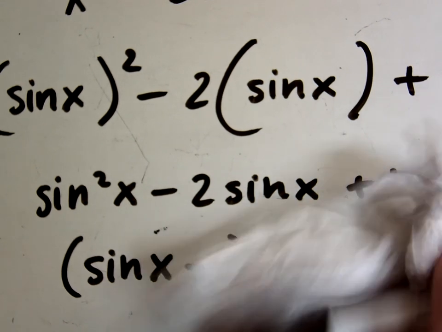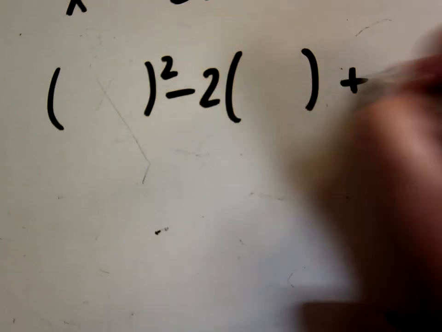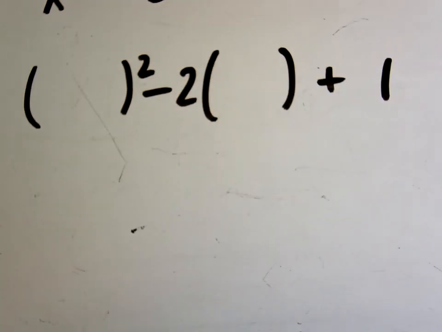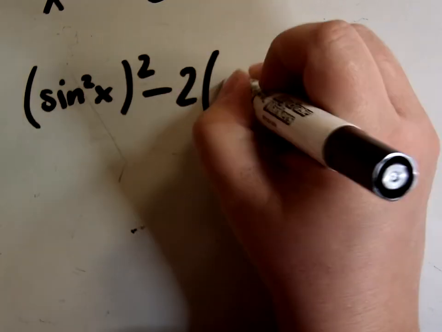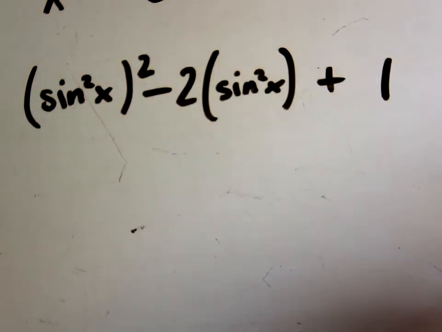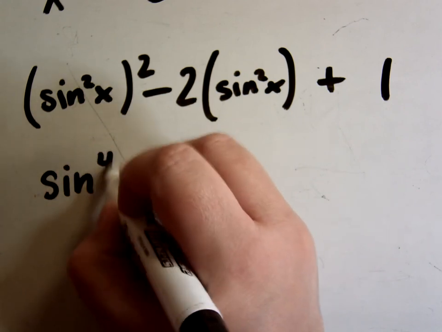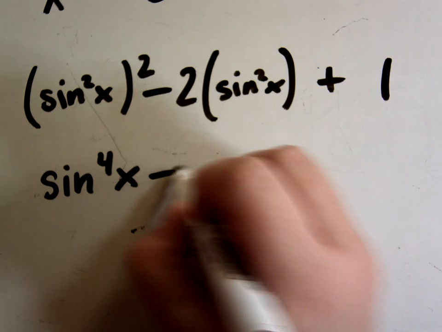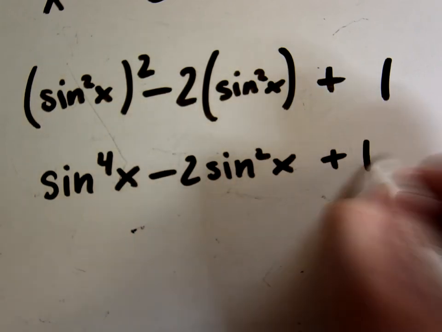I'm going to write it a little smaller now because you can't see it. Let's suppose I don't want to do sine, I want to do sine squared of x. So this would be sine squared of x squared, which is sine to the 4th of x, minus 2 sine squared of x plus 1.